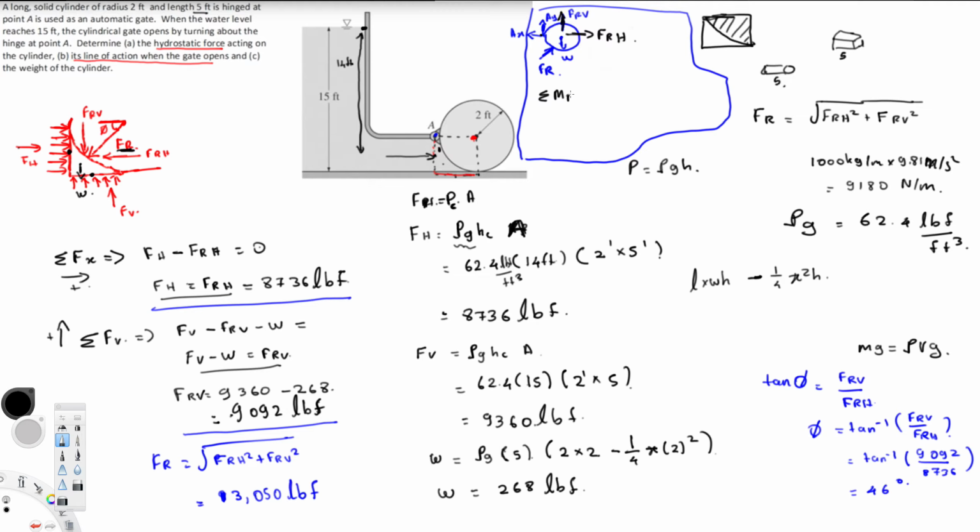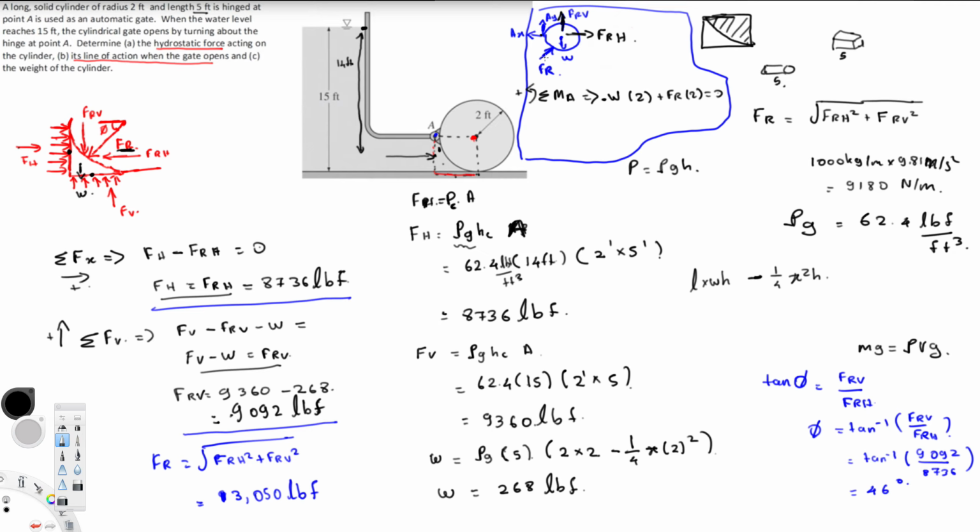So if I take moment around A, this will be eliminated, and we are going to have the moment created by W. That's going to be W times 2, because the radius is 2 feet, and that's acting in the clockwise direction. If I take counterclockwise positive, this is going to be negative. And we have FRV in the counterclockwise direction, that's going to be positive. FRV times 2 is equal to 0.